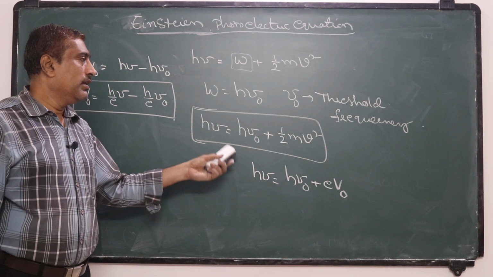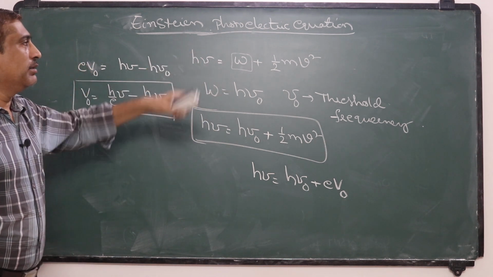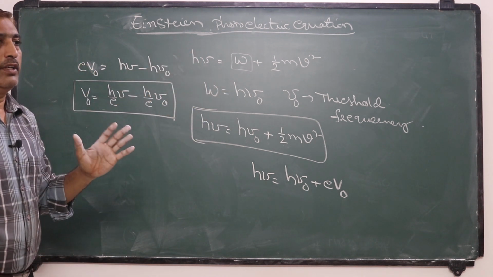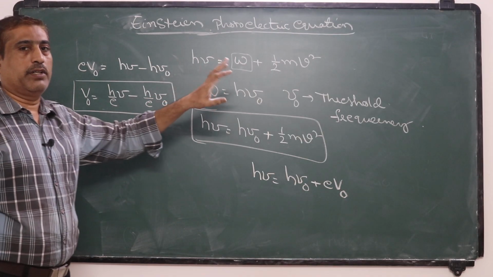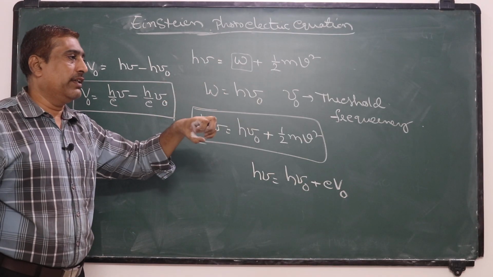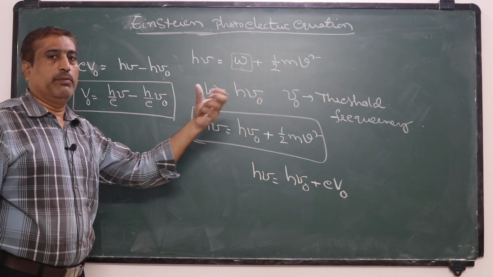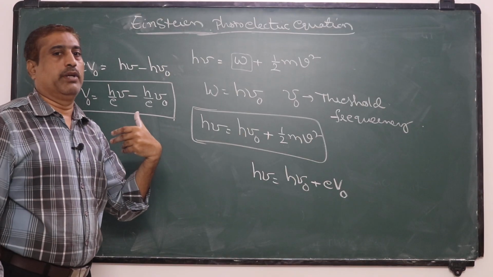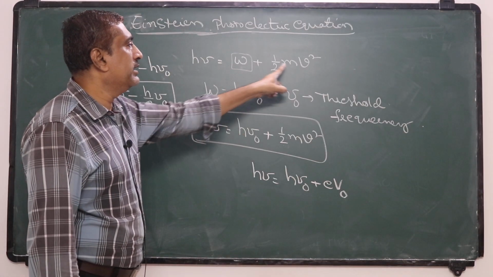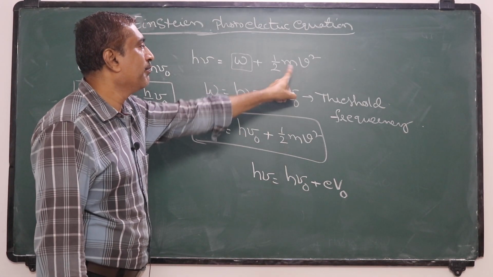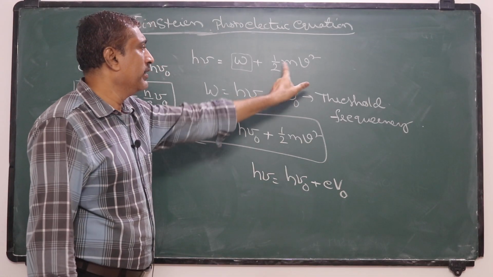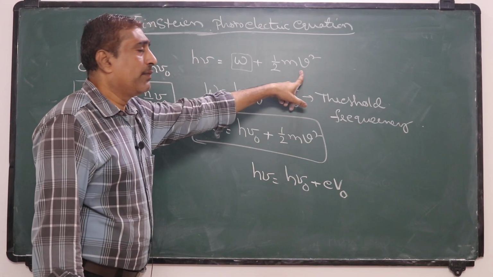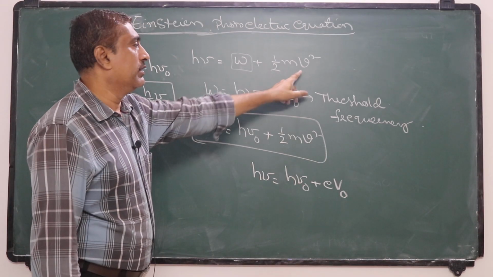So what is Einstein's explanation? When a photon of energy hν is incident on the metal surface, some amount of energy is used to liberate the electron from the metal surface, and the remaining energy gives kinetic energy to the photoelectrons.